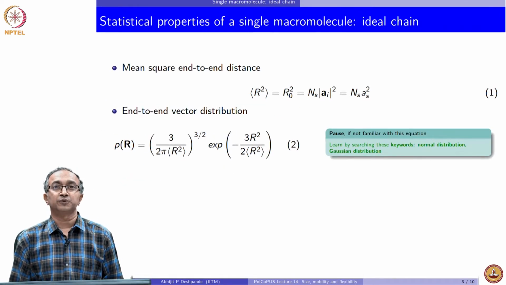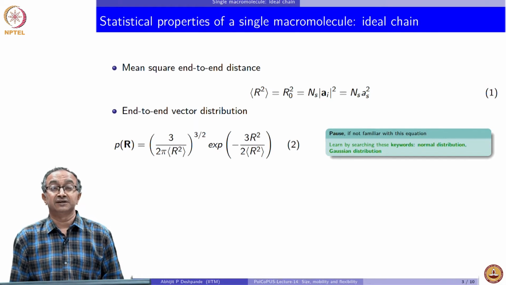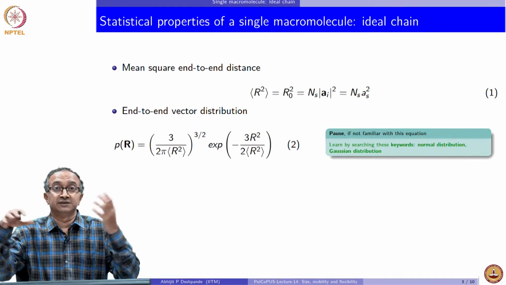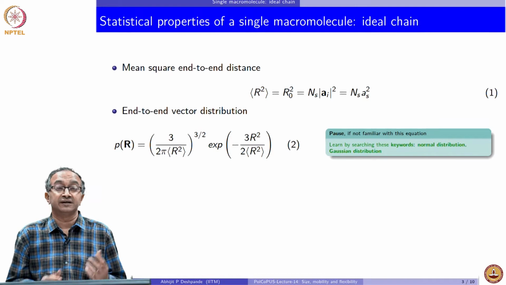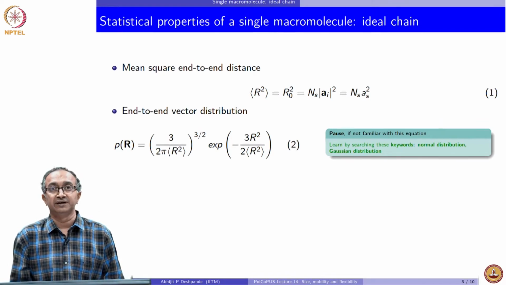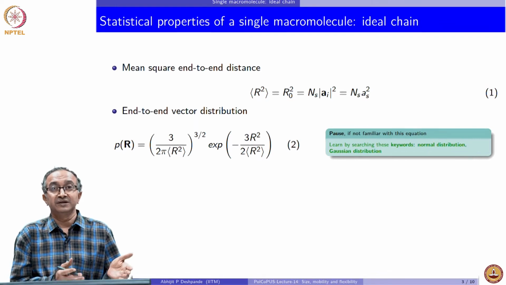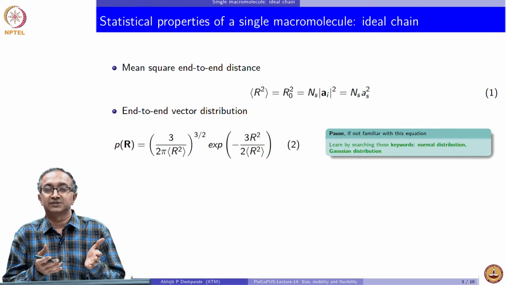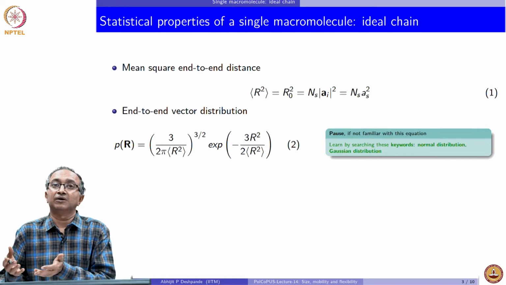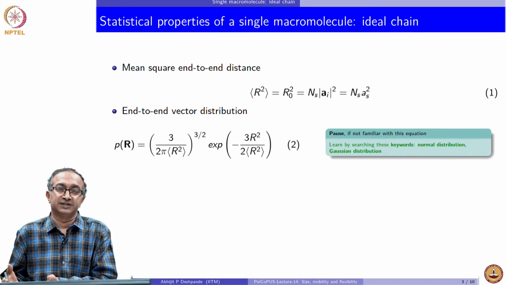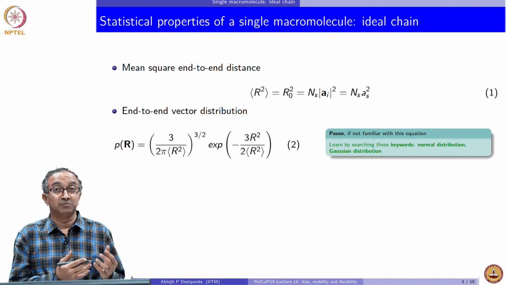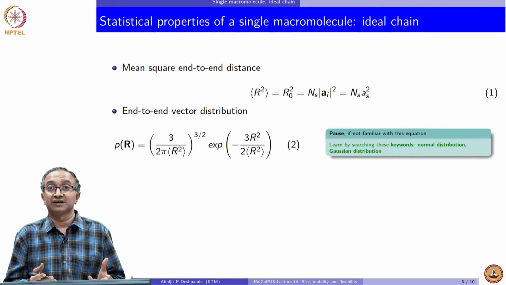So statistical properties, as we discussed in the last lecture, are important because this polymer is a random chain object and conformational changes keep on happening. Mind you, these conformational changes are only possible in rubbery state, molten state, or when it is in the solution state. If it's an amorphous frozen state or crystalline state, then these are not as relevant.